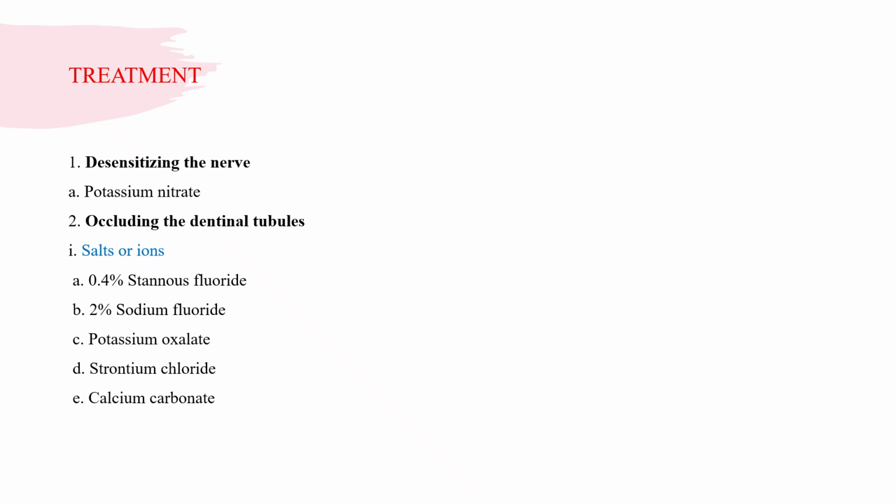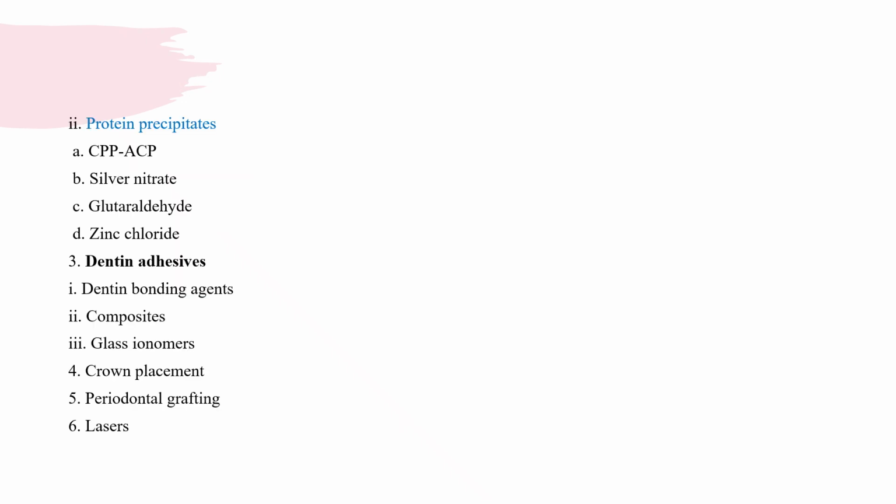There are various treatment modalities. They are desensitizing the nerve by using potassium nitrate paste; occluding the dentinal tubules by using salts or ions such as 0.4% stannous fluoride, 2% sodium fluoride, potassium oxalate, strontium chloride, and calcium carbonate; by the mechanism of protein precipitation, the pastes used are CPP-ACP, silver nitrate, glutaraldehyde, and zinc chloride.